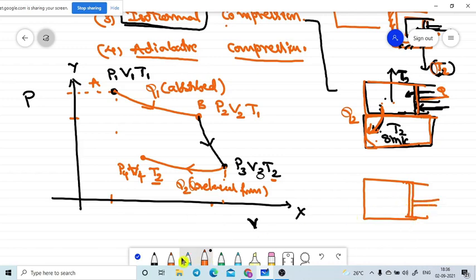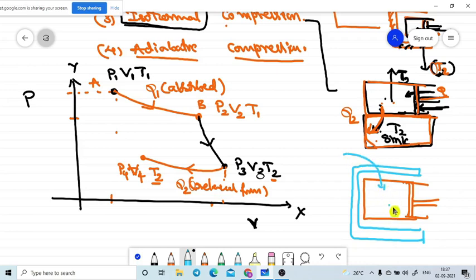So we need to cover this whole cylinder with insulating walls, because we are not allowing heat energy to flow from the surroundings to the system or from the system to the surroundings. We are compressing this system to increase the temperature from T2 to T1, and we are bringing the system back to the initial state of P1, V1.